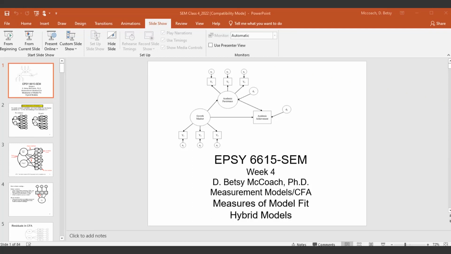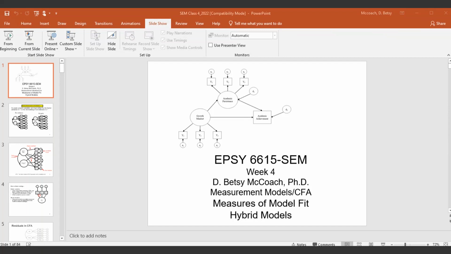I want to do a quick review of some of the CFA stuff that we talked about a couple of weeks ago, because remember, we started talking about CFA in week 2, then we put it aside last week to talk about fitting path models and to do our little intro to Mplus. So I want to start with a very brief review of what we said in week 2 about confirmatory factor analysis.